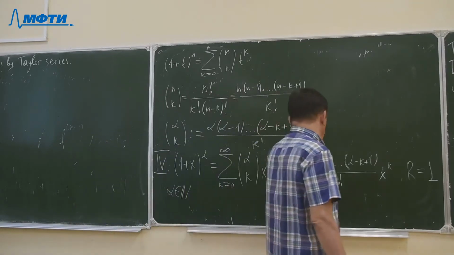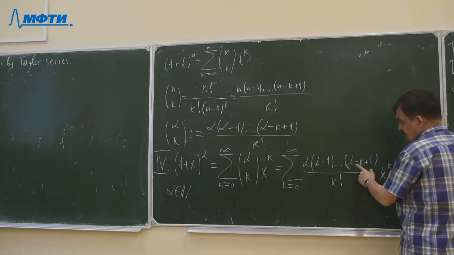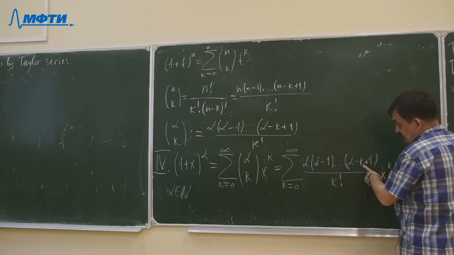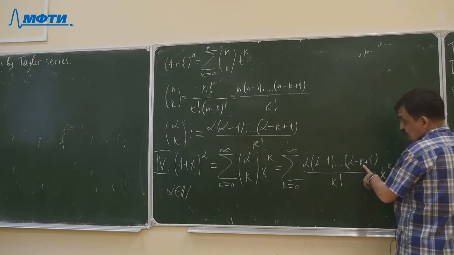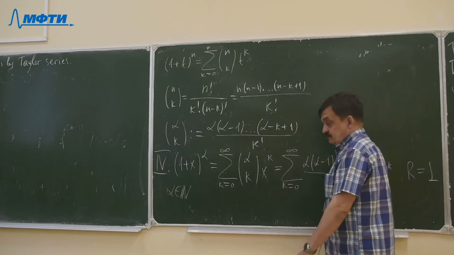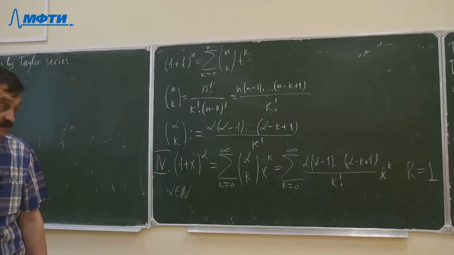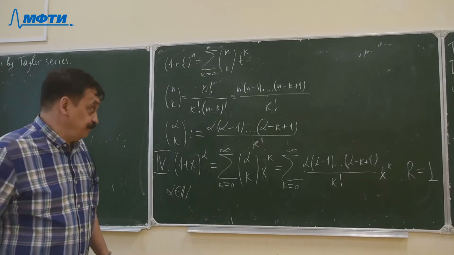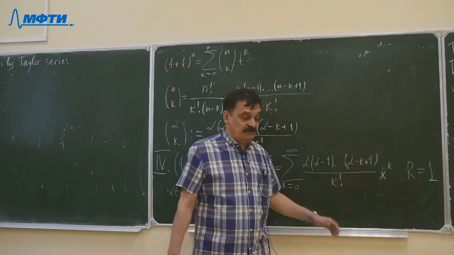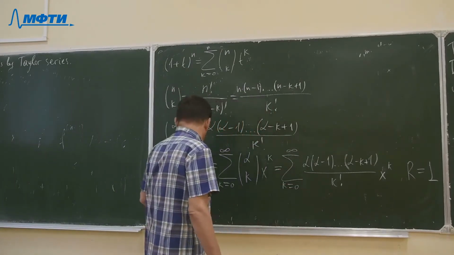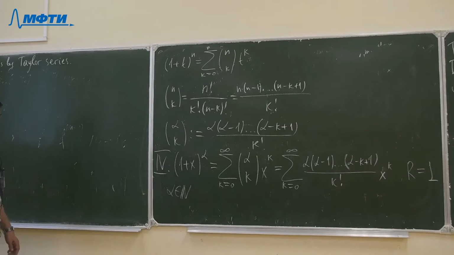Because if alpha is natural, then when we start to multiply here, sooner or later, more precisely when k is equal to n plus 1, a 0 multiplier appears, hence all other coefficients are zeros, and only the first n plus 1 terms do not vanish, if alpha equals n natural, right?